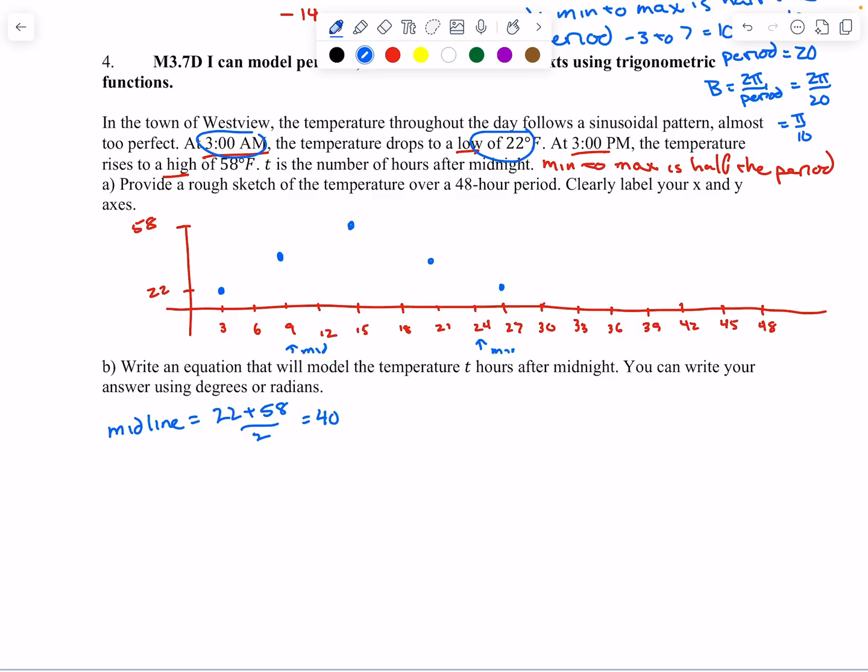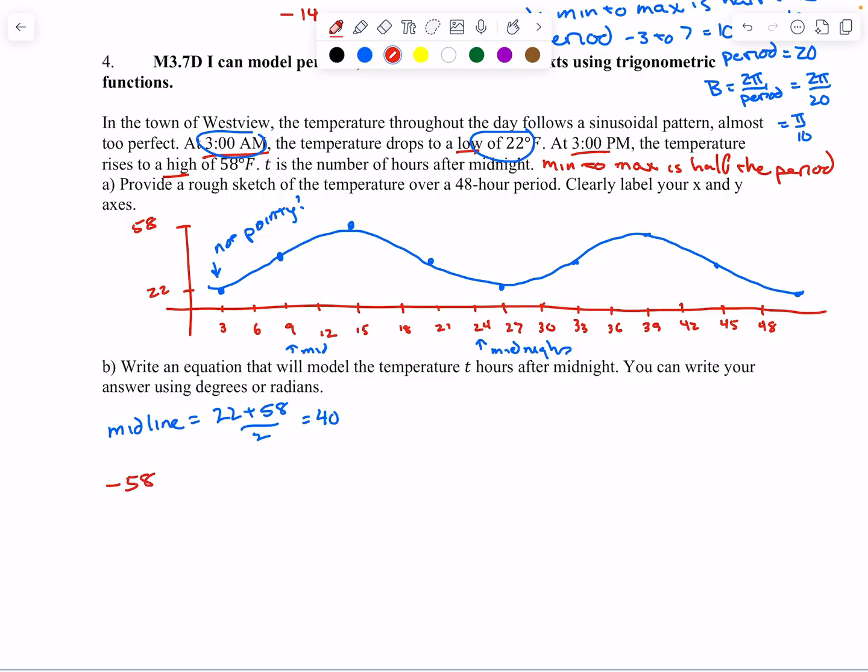This is midnight again. Three hours after the 48 hours, it's back to the mid. So don't forget, don't make it pointy. Okay, whatever.